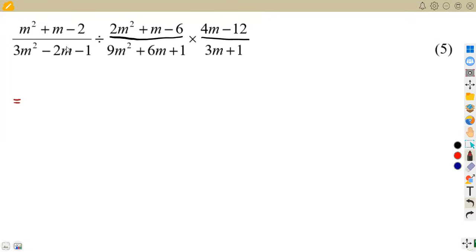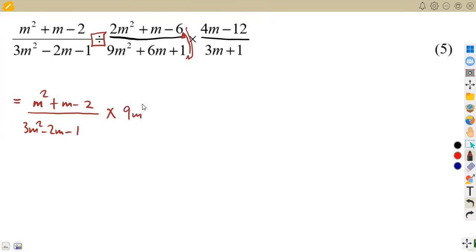To be under multiplication before you think of factorizing. So we have to change this one. So you're going to have m squared plus m minus 2 over 3m squared minus 2m minus 1. If we multiply, we interchange the second fraction. So that means we have 9m squared plus what? 6m plus 1. Is that so?